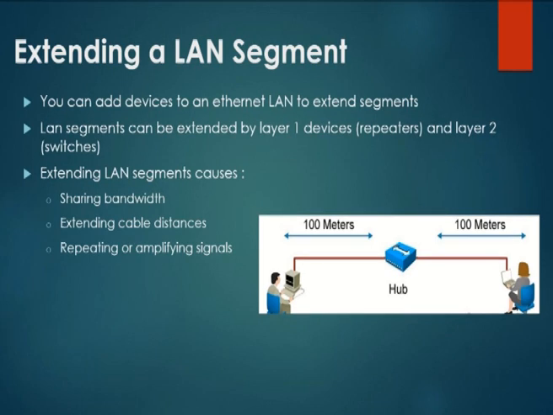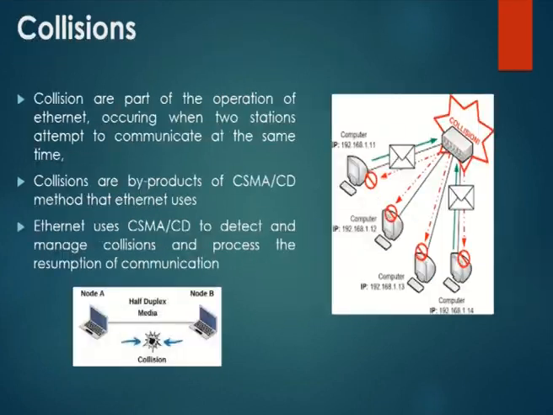This functionality is much better than sending every frame to every device. Like hubs, switches do amplify the signal and extend the cable distances. They also extend a LAN to cover greater distances by joining multiple LAN segments. In general, switches are chosen for connecting devices to a LAN.